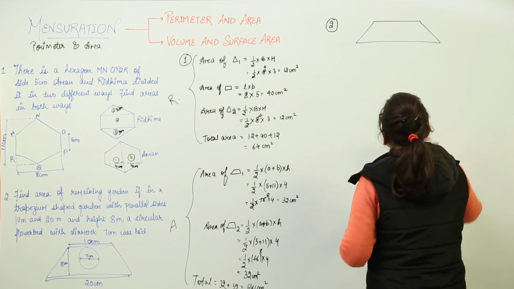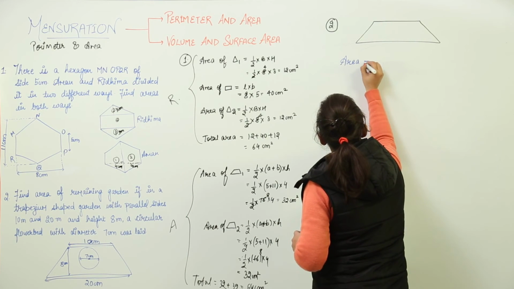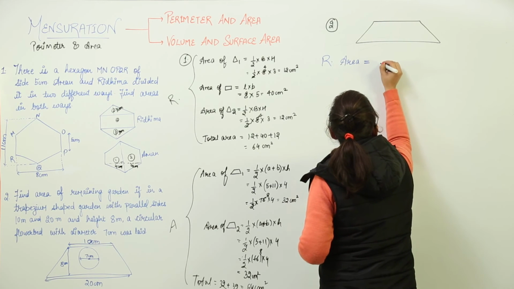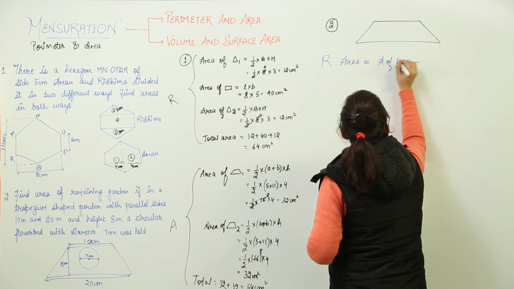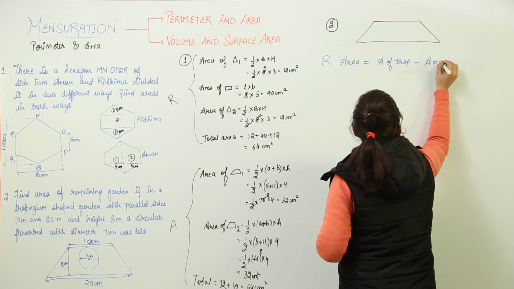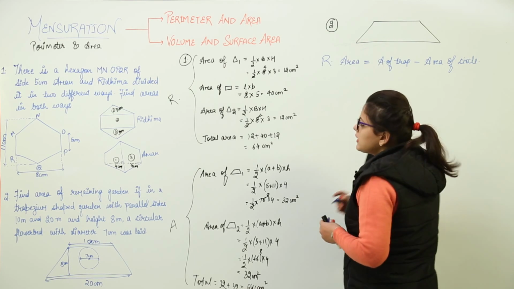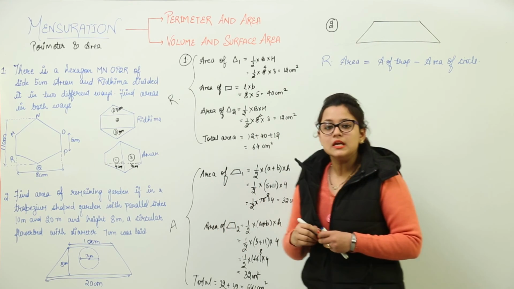So what we have to do is find the remaining area, which will be equal to the area of trapezium minus the area of the circle that you have made. Now how to calculate that? We will be calculating both the areas separately, and subtracting them will give us the answer.